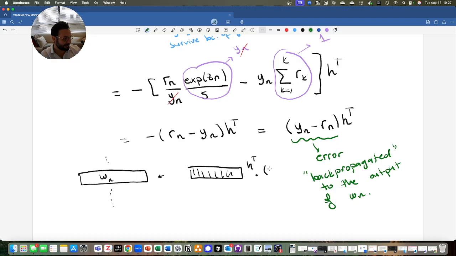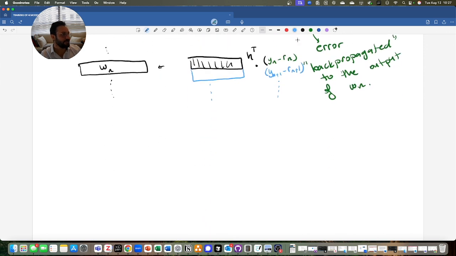So that's the error, Yn minus Rn. And for all others, there will exist Yn plus 1 minus Rn plus 1, and all of them, right?